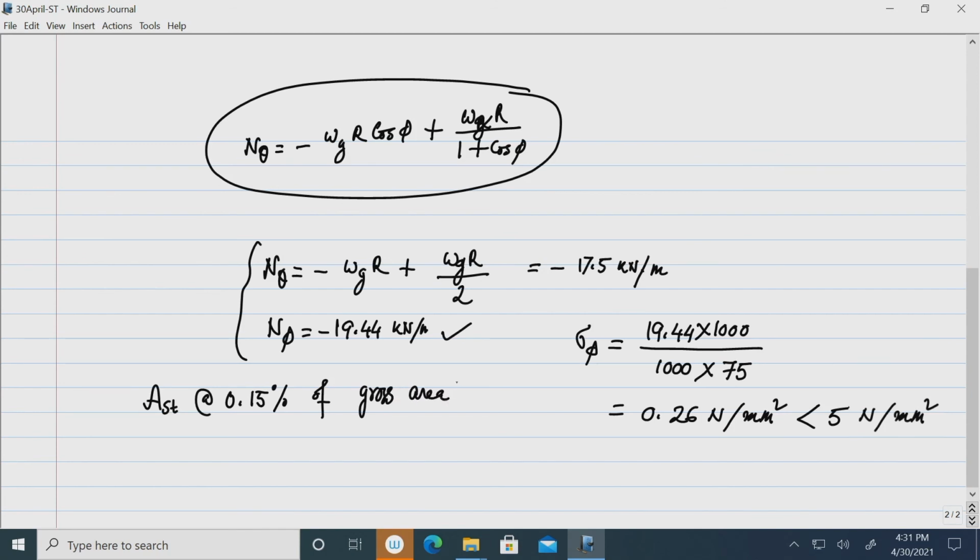And this gross area is thickness into 1000 millimeter square, and at this rate the reinforcement 8 mm at 200 center to center is adequate. So, it is provided. So, how is the shell reinforcement provided? Suppose if I show you a section of the shell surface, reinforcement is provided at the middle surface.